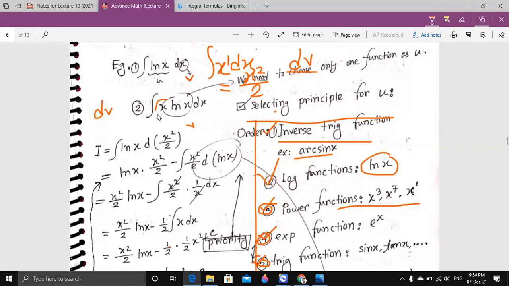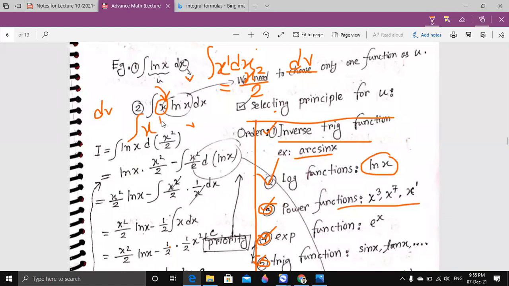So am I right, Lucy? Lucy, can you hear me? Yes, I can. I'm following. So am I right? We have to find the antiderivative of x, right? So the antiderivative of x means integration of x dx, right?